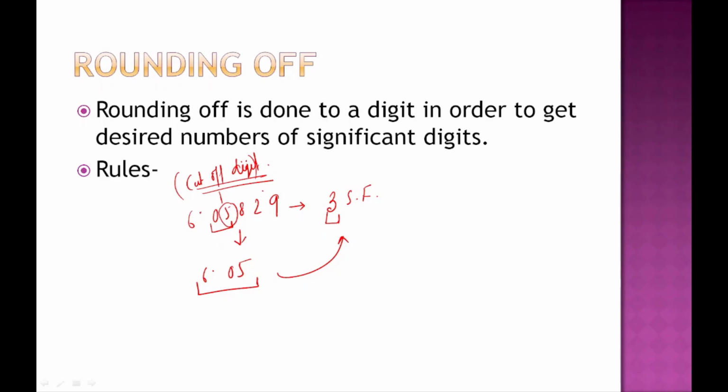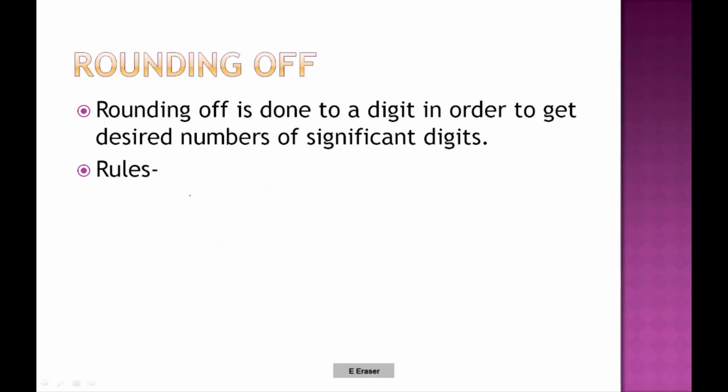Now the first rule says, what does it say? It says that if the number which is lying to the right of the cutoff digit is less than 5, then the cutoff digit remains the same.